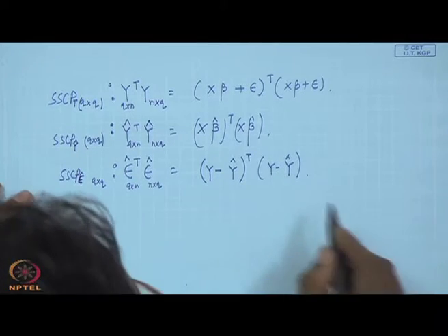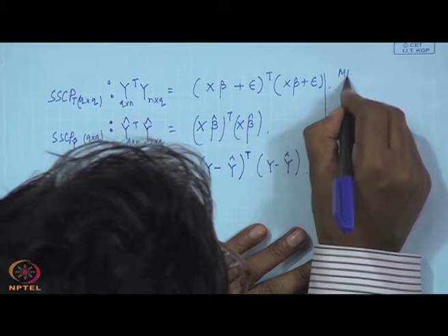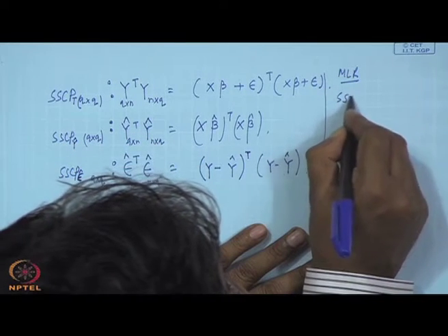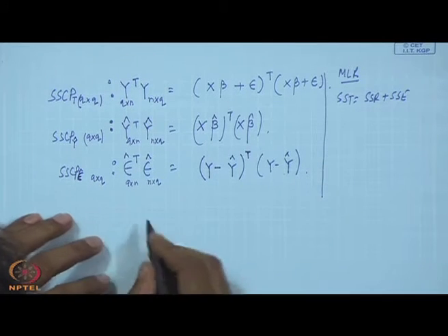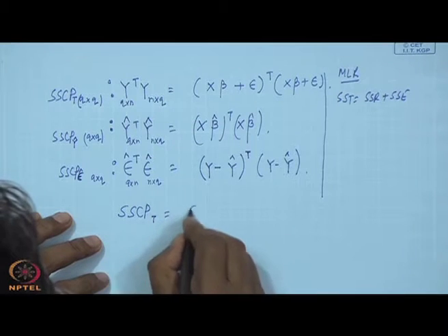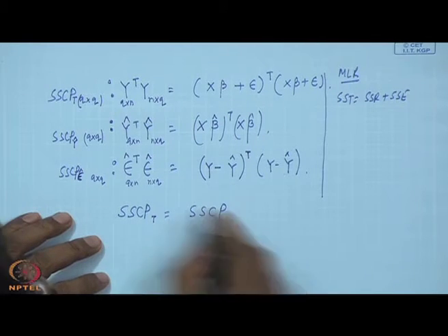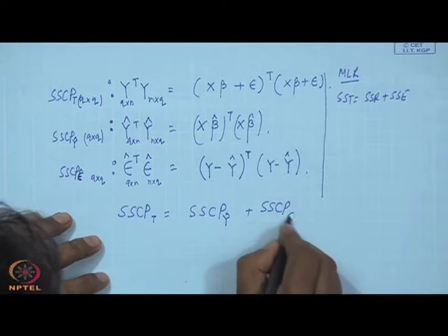Okay. So, you will find out in MLR what we have found out: SST equal to SSR plus SSE. Similarly, here we can write: SSCP total equal to SSCP y cap plus SSCP epsilon cap.